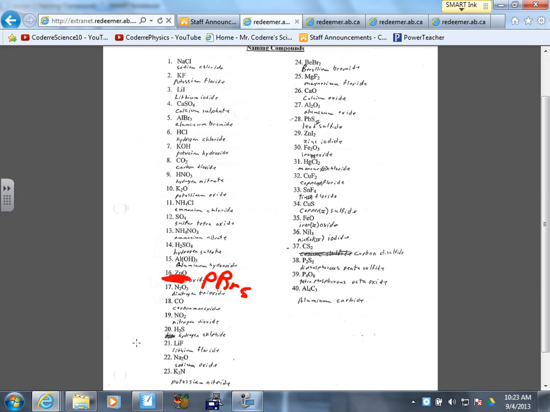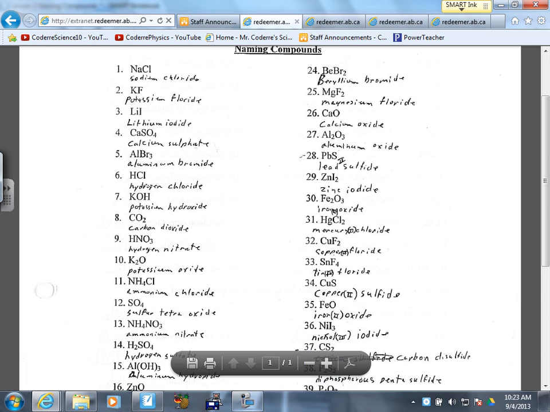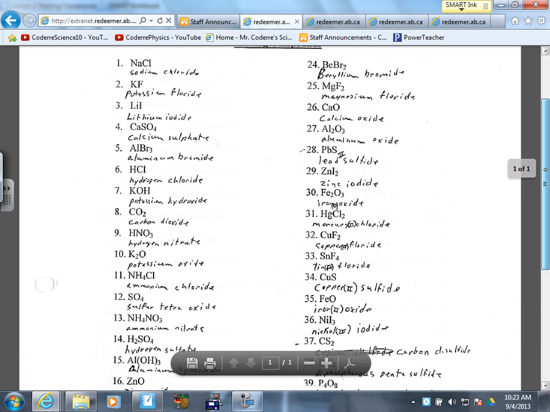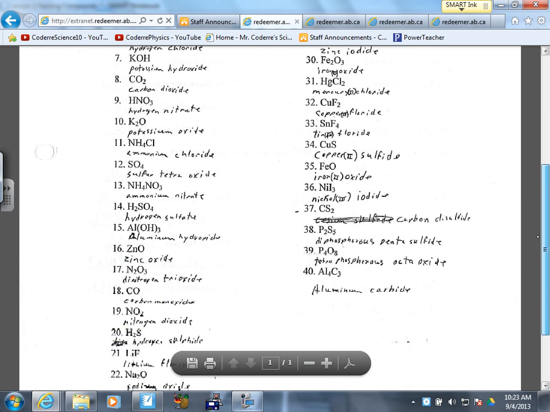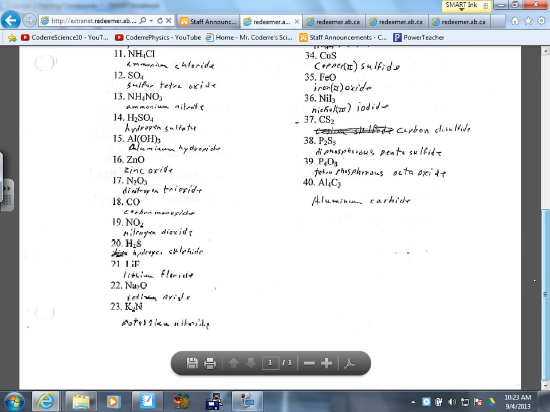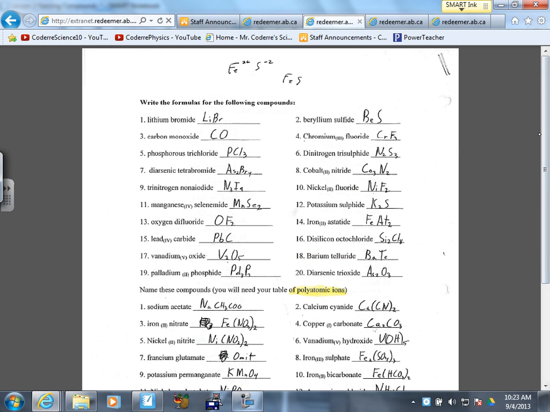One of the first ones is number 7 on the page called write the formulas for the following compounds.